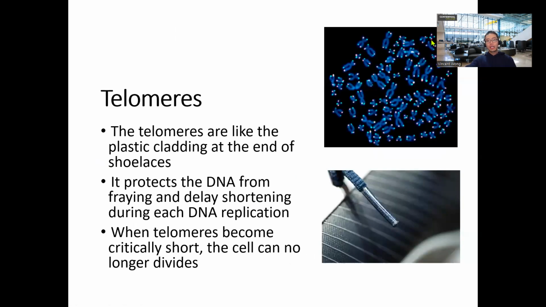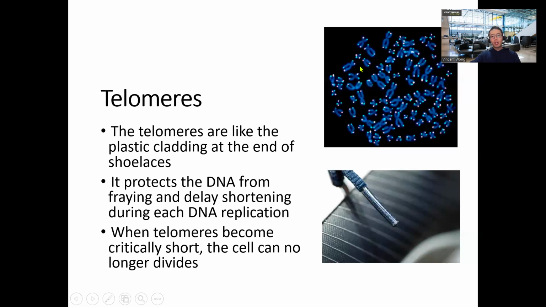In this picture, you can see the part that lights up at the very end. That's where the telomeres are located. You will find them on both ends of the chromosomes. They're kind of like the plastic tips at the end of your shoelaces. They are there to protect the shoelace so that it doesn't fray, unwind and break apart. And that's exactly what the telomeres do.